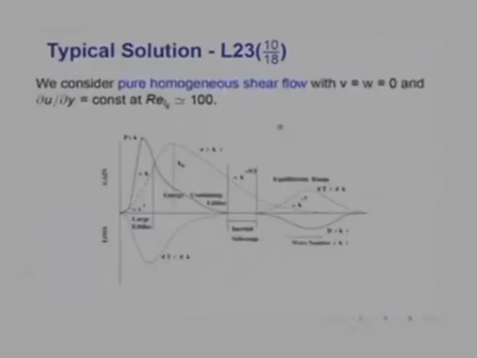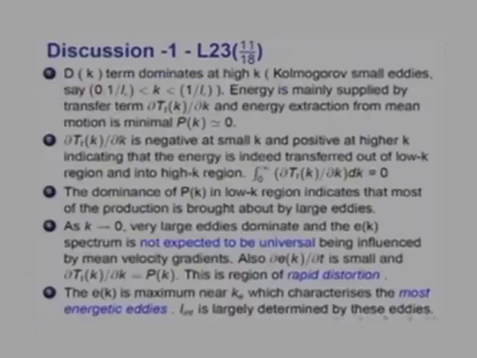As we saw here, the energy for dissipation is essentially supplied by the transfer term, and the production term itself contributes nothing to energy dissipation. The transfer term is negative at small k and positive at high k, indicating that energy is indeed transferred out of the low k region into the high k region, and therefore, the integral of dT by dk is 0.